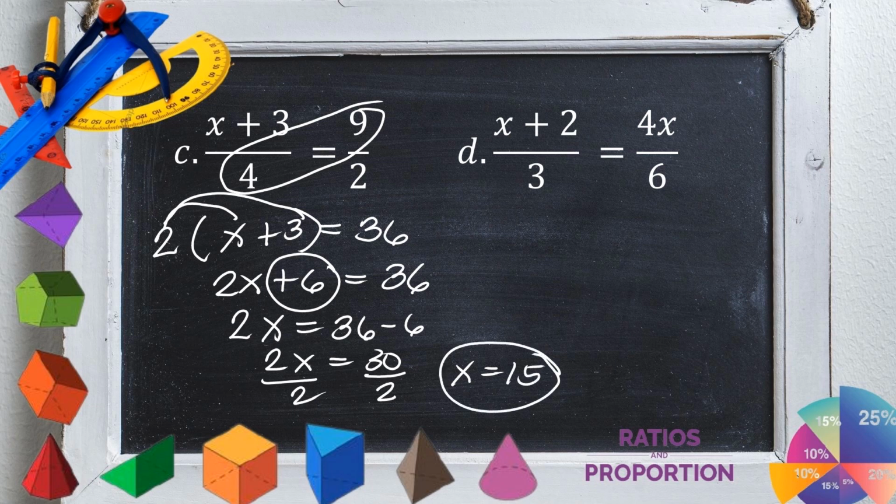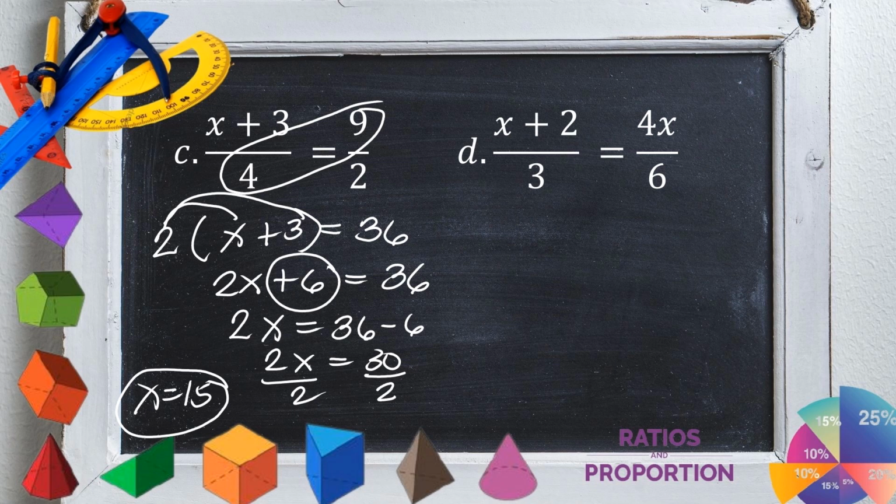Now let me write it on the other side. So x is equal to 15. Okay, let's proceed with the other one. 4x times 3, that is 12x. Then we have 6 times the quantity of x plus 2.